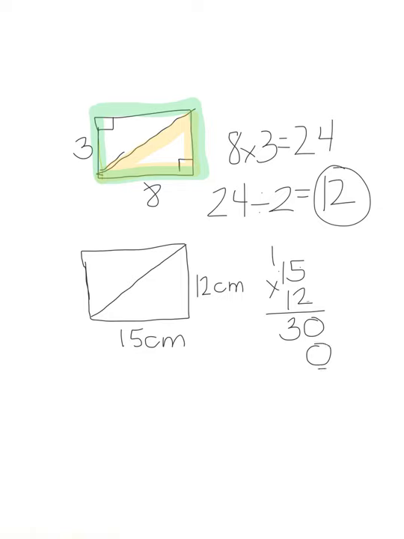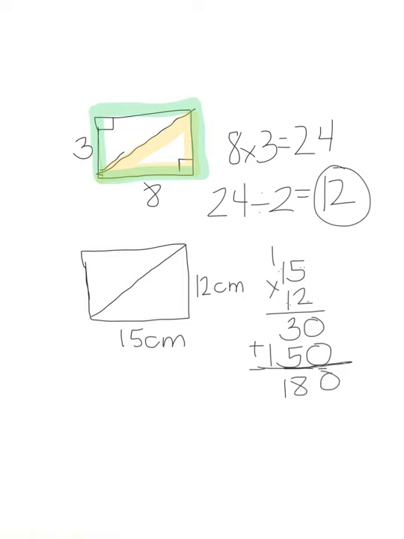I go 1 times 5 is 5. 1 times 1 is 1. And then you add them up. And you see what you get. You get 180. Now we've got 180.